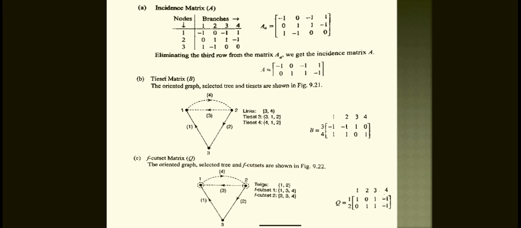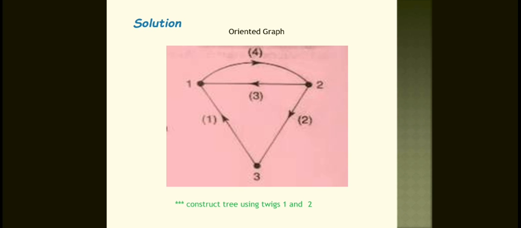Just observe here. This is the matrix we are going to write. An incident matrix is just like this, branches and nodes, minus 1, 0, minus 1, 1. And similarly, with respect to the second node, what are the incomings and what are the outgoings? Observe that with respect to 2, the incoming is only 4, outgoings are 2 and 3.